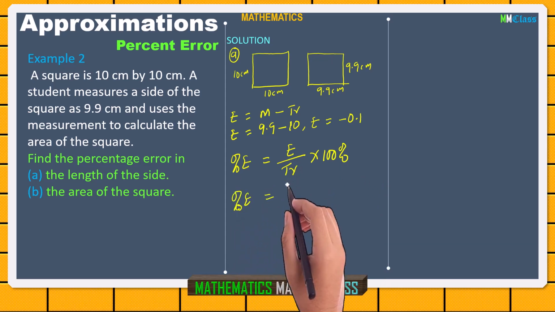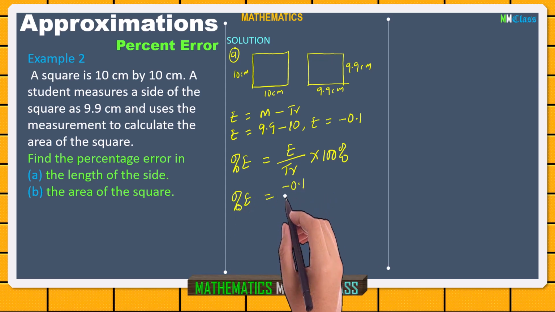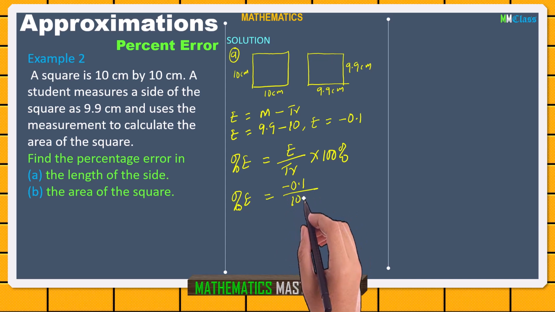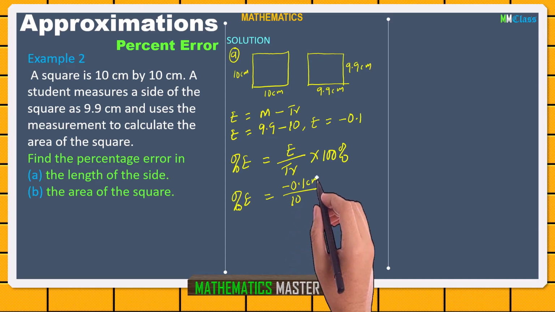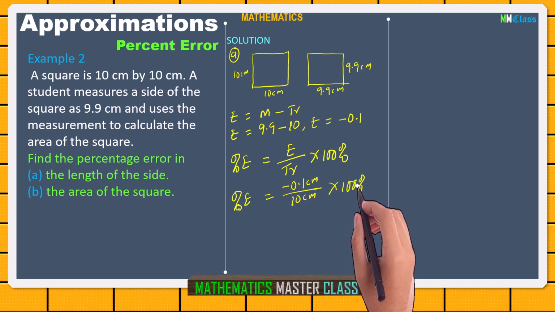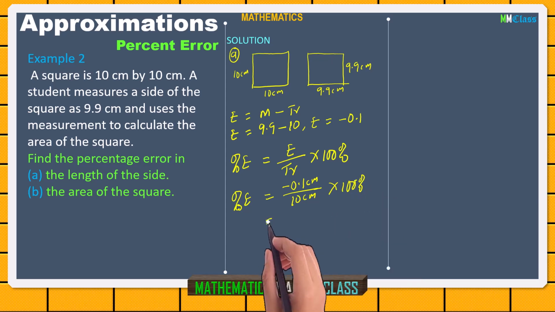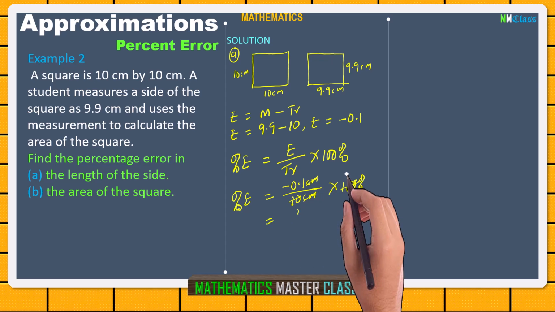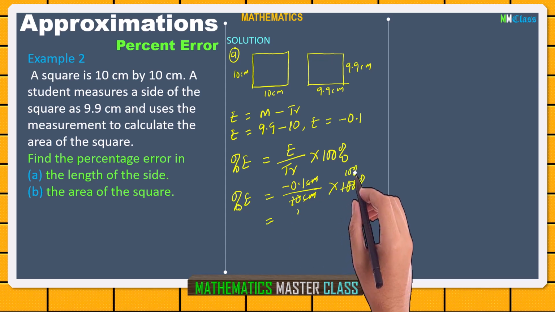So we now have it as our error, minus 0.1 over 10. If you like, you can put the centimeter, but the centimeter will eventually cancel out, times 100%. So if we continue with our calculation, 10 into 10 is 1, 10 into 100% is 10%.